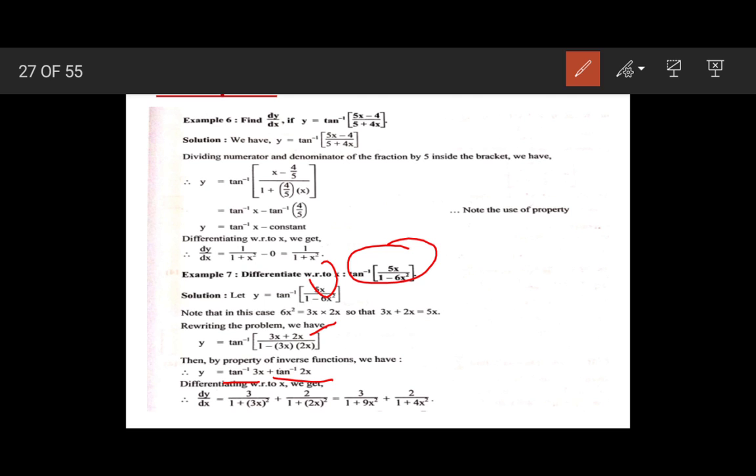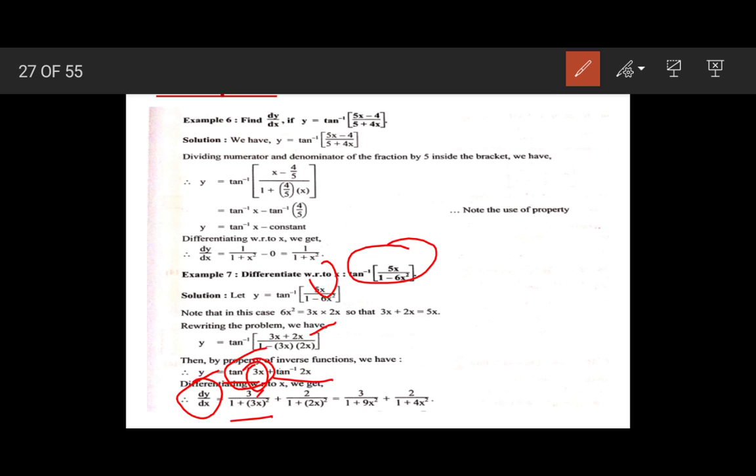So after finding the derivative, what I will get is dy upon dx as the derivative of tan inverse 3x, which will be 1 upon 1 plus (3x) square into the derivative of 3x, and the derivative of 3x will be 3.